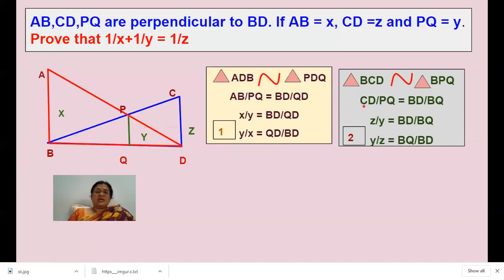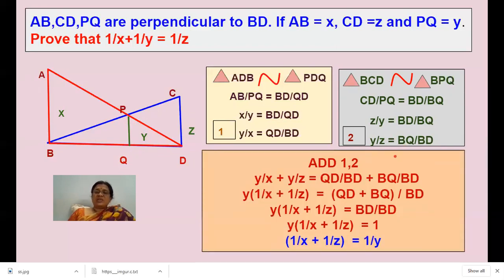Again I have taken the ratio between heights, that is CD by PQ, and the bases, big triangle base BD, small triangle base BQ. I have substituted the values. You know the CD value is Z, PQ value is Y, and in the fourth step I have reversed it. See here, Y by Z is equal to BQ by BD.